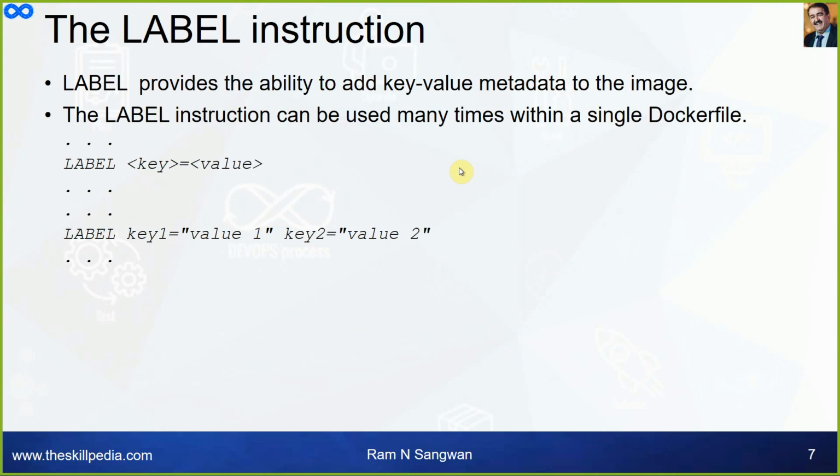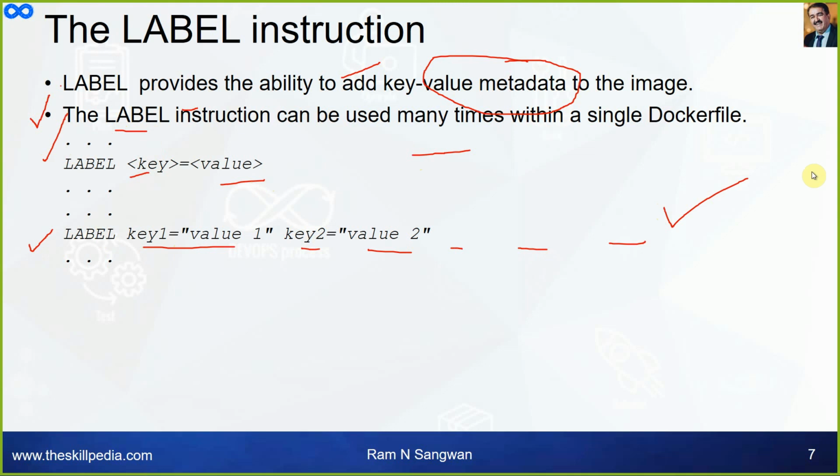LABEL instruction. LABEL provides the ability to add key-value metadata. Metadata means data about your image. It has no other significance apart from the metadata within your image file system. The LABEL instruction can be used as many times as you want: LABEL key=value, or LABEL key1=value1 key2=value2 key3=value3, and so on.